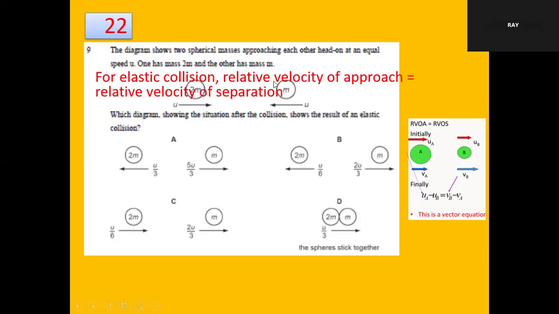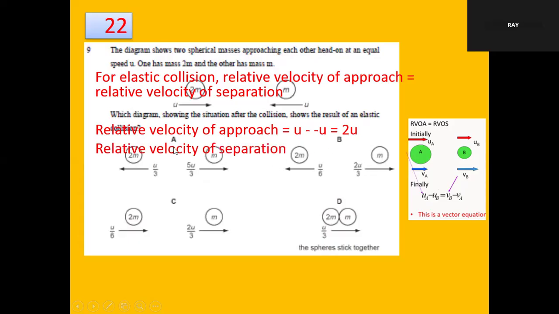For elastic collision, relative velocity of approach equals relative velocity of separation. They are approaching each other, so we are using this formula. We add them up. This is 2u. And relative velocity of separation, you can try for this one. You can add them up also, 2u.